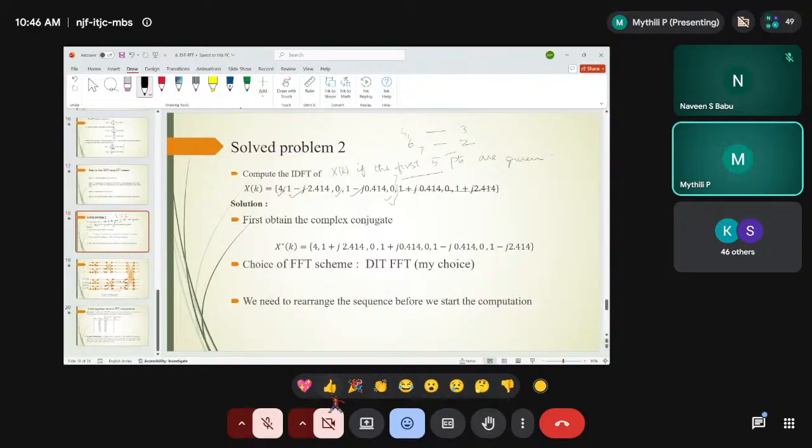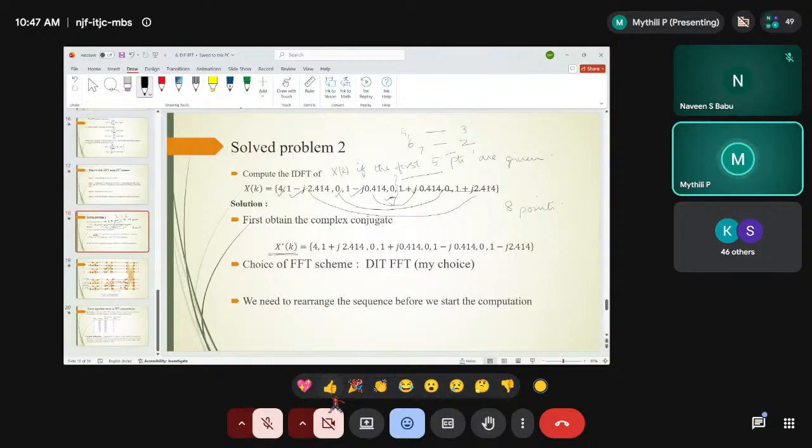Okay, so you will frame the question by adding the conjugate points. The previous one before 0 is 1 minus j 0.414. You write its conjugate. Then next is 0. Then the next one's conjugate, and you will make all the 8 points. After making the 8 points, you take the conjugate of all the points once again.